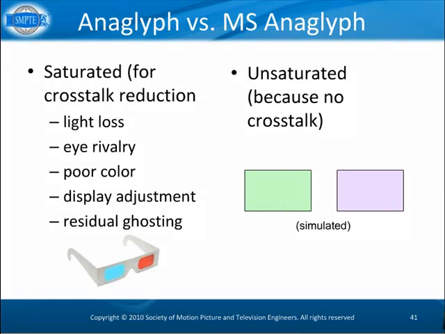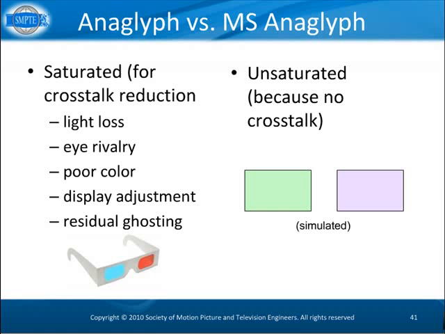So, what about the problem that this is anaglyph? Well, on the left, again, I have the problems of anaglyph, and that's because they have to use saturated filters for crosstalk reduction. So that causes light loss, eye rivalry, poor color, display adjustment, residual ghosting. That's standard anaglyph. But for this system, the filters do not have to be saturated.